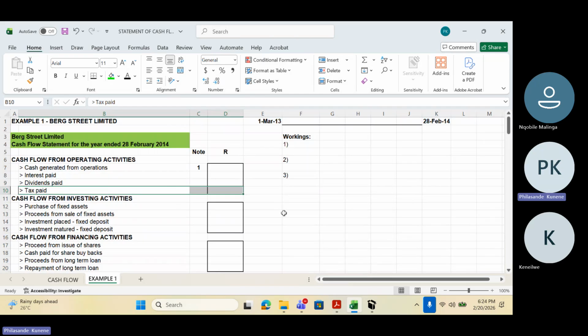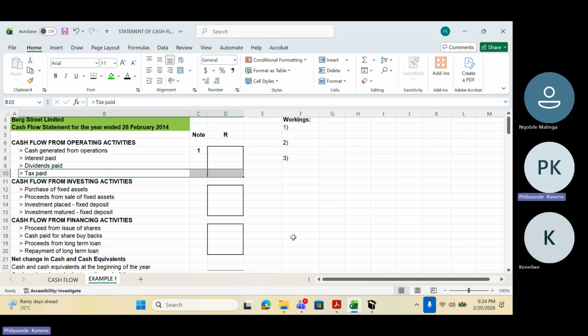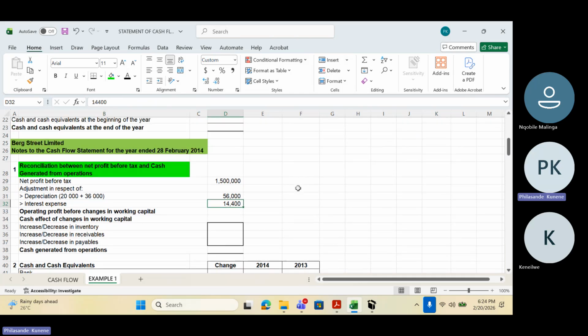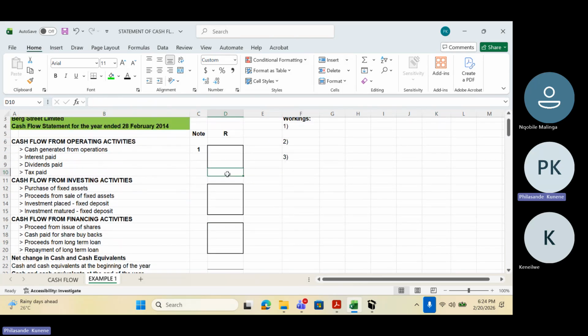So we're trying to remove it because cash generated from operations, that note will come here. But when we exclude interest there, we're going to record it separately on the face of the cash flow statement. That's why I'm going to say add back 14,400 here, and then that 14,400 will be subtracted here.